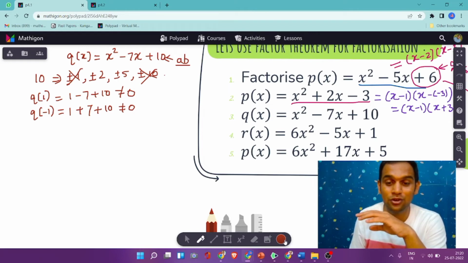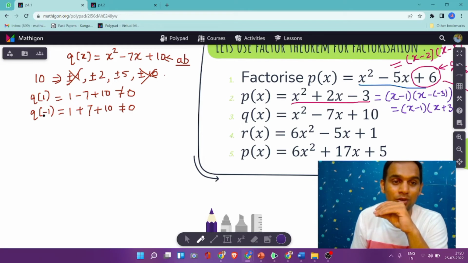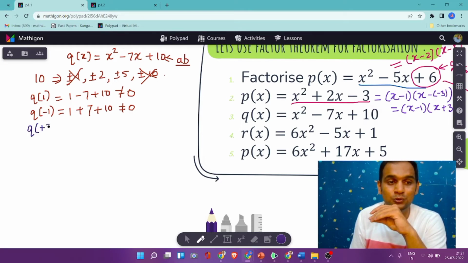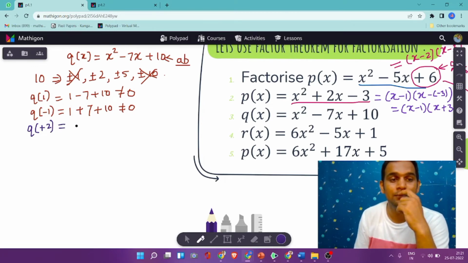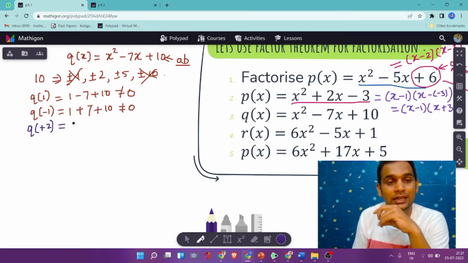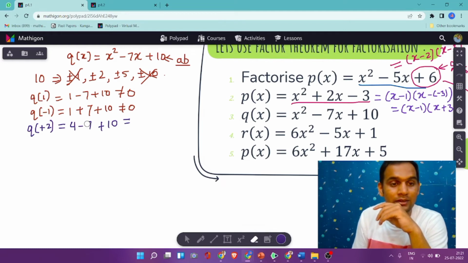So the next job is, let's try to find out of plus and minus 2, which one of them will lead us to 0. So q of plus 2 equals, if we take it, we get 2 square is 4, minus 7 times 2. Wait, I made a mistake, because this is plus 2, right?